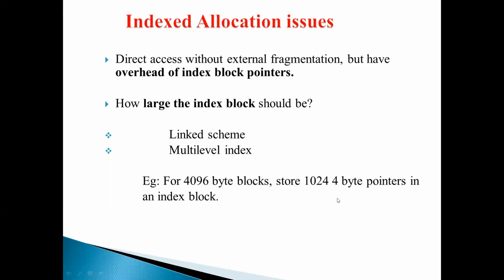In the first level index block, I will store 1024 pointers. Each of those 1024 pointers will be 4 bytes. So 1024 into 4, we will get 4096 bytes of data stored in the first level and second level index blocks. And the second level index block will point to the actual desired data block of the file. So this is called multi-level indexing scheme.